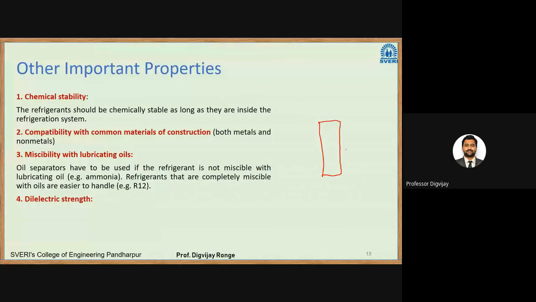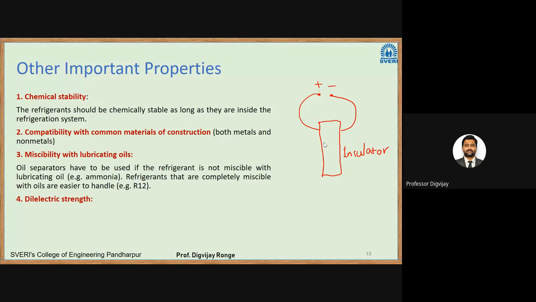So I have one insulator here, suppose with some thickness, and I apply some voltage to it. Dielectric strength means the voltage up to which this insulator can retain its insulating properties.